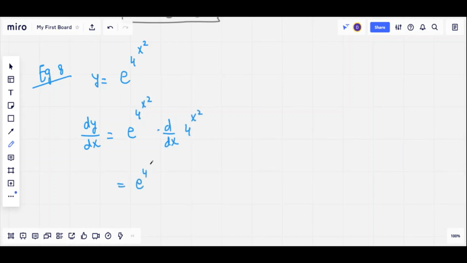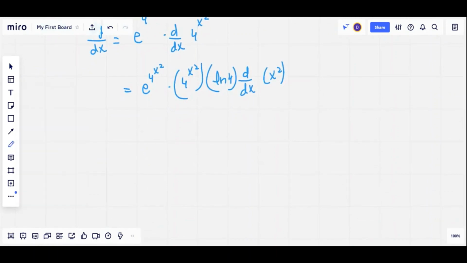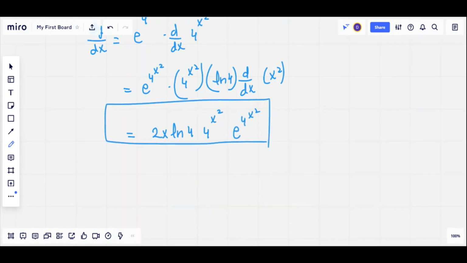So this is e raised to the power 4 raised to the power x square times, a raised to the power something is a raised to the power something times natural log of base, and then we go on the power using the chain rule, and then we differentiate the power, which is x square. Differentiation of x square is 2x, so finally this comes out as 2x ln 4 times 4 raised to the power x square times e raised to the power 4 raised to the power x square. So this is the final answer for this one.